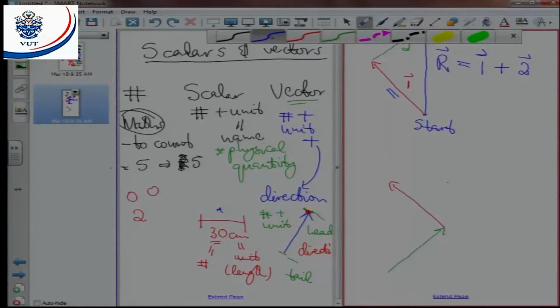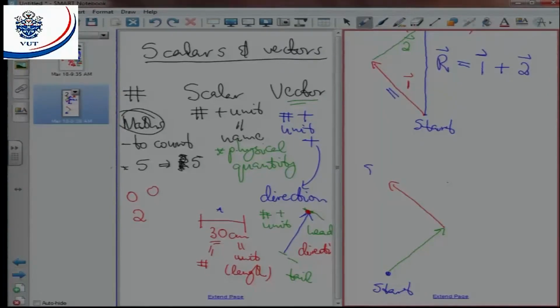The result is from the start to where we stopped, which is the end point, and that is my r. So in this case I started with 2 and finished with 1, so r is still 2 plus 1, and the order in which I add is not important, so this is the same as 1 plus 2.